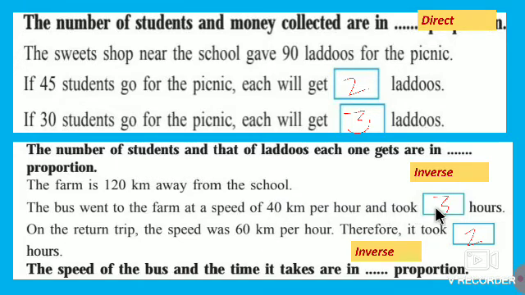Relatively the time required, 3 to 2, decreased, 3 hours to 2 hours. So the time required decreases. First quantity increases, second quantity decreases. It means there is an inverse proportion. The speed of the bus and the time it takes are in inverse proportion.